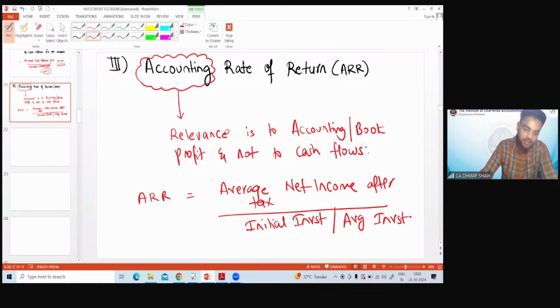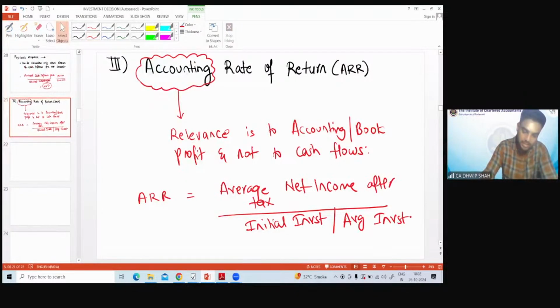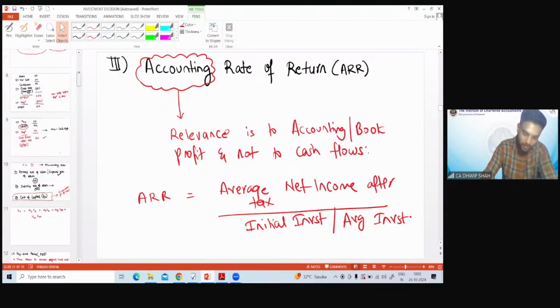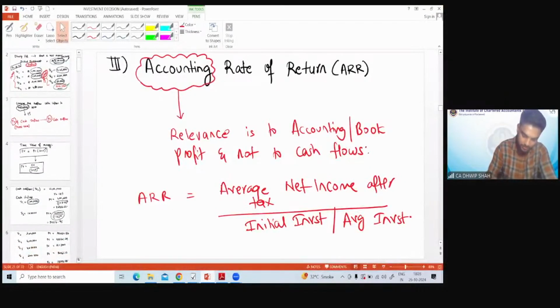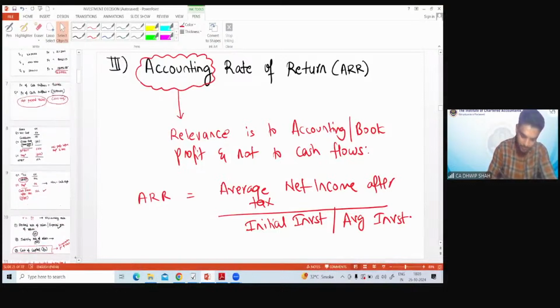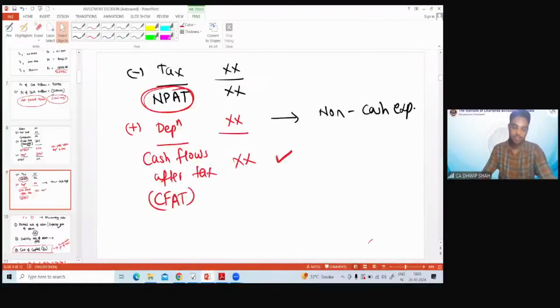See, the difference between accounting profit and financial profit is only one thing. Let's get back to the format that we studied yesterday. As far as accounting profit is concerned, we have to stop at this point.